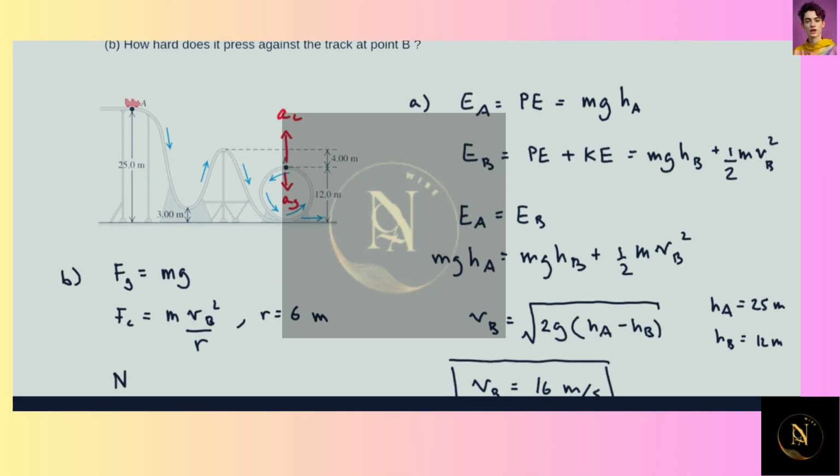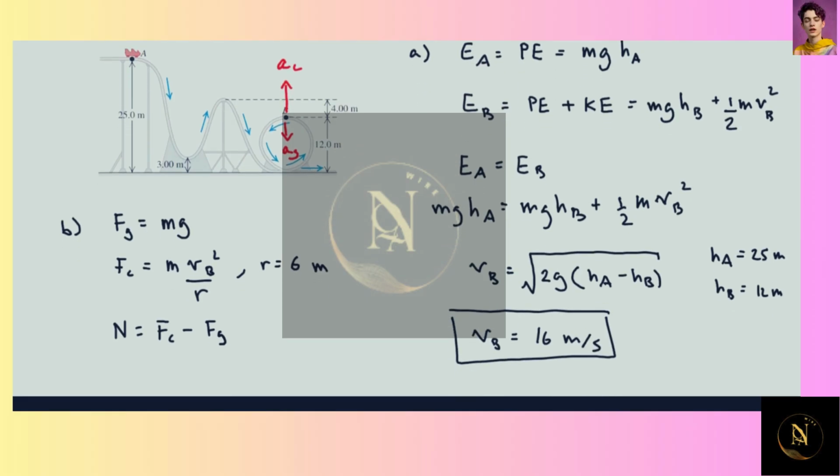So the net force will be equal to the difference between the centripetal force and the gravitational force, which will be equal to the mass times the velocity at point B squared divided by the radius, minus g.